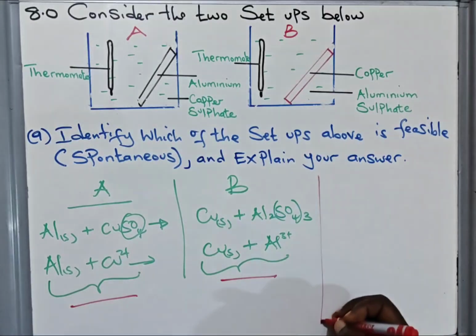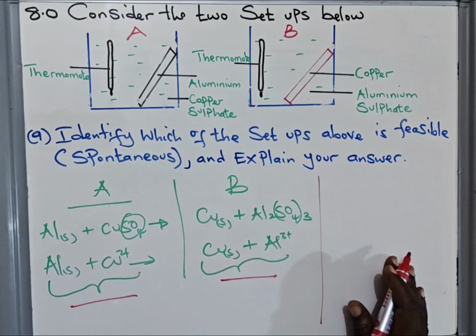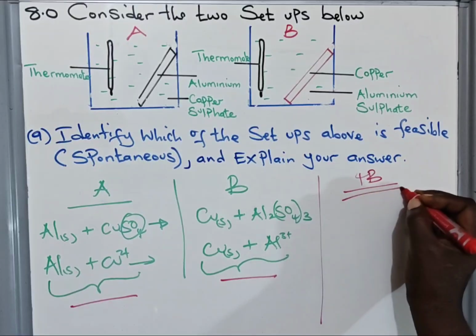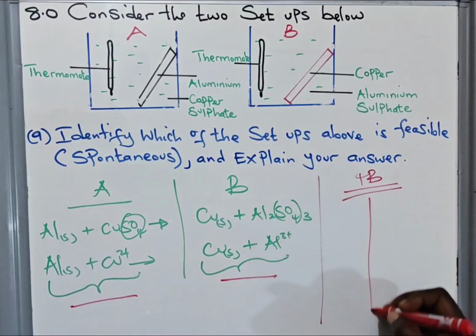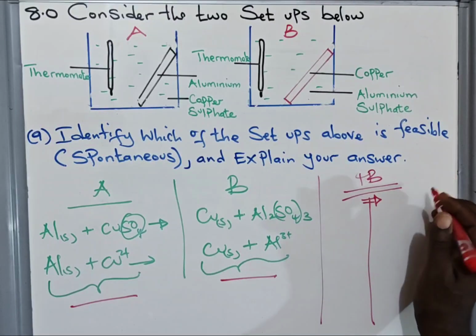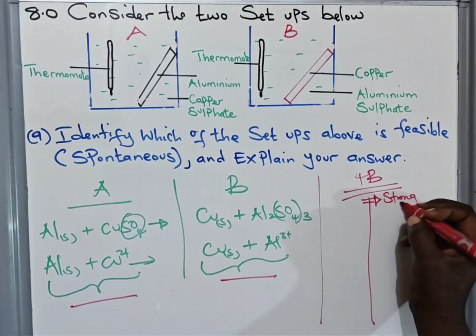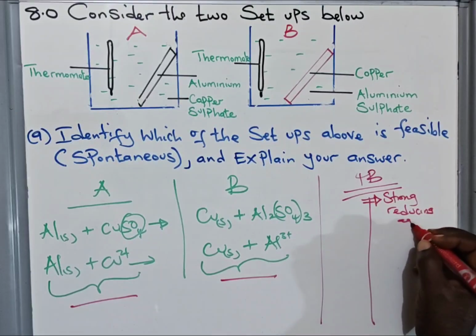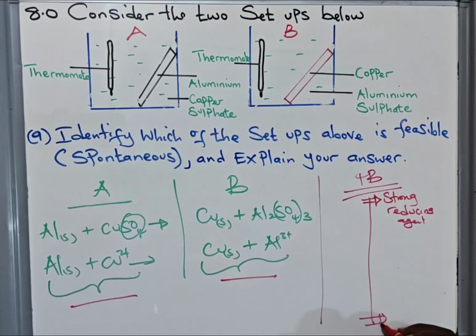To answer this question, we use the table of standard electrode potentials. And to me, the most preferred table is 4B. In Table 4B, the elements at the top are strong reducing agents, and the elements at the bottom are weak reducing agents.